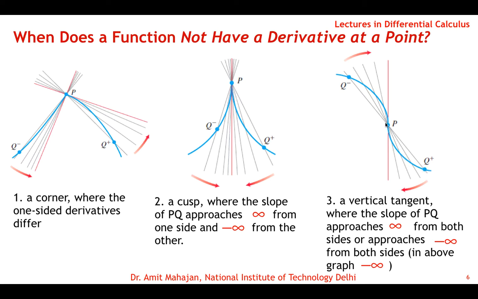As q plus moves towards p, this secant line becomes a vertical line, so the slope becomes minus infinity from the right side also. From both sides it becomes minus infinity, so we call it a vertical tangent. Also, if from both sides we get plus infinity, then we also say it is a vertical tangent. Again, the derivative at point p does not exist.